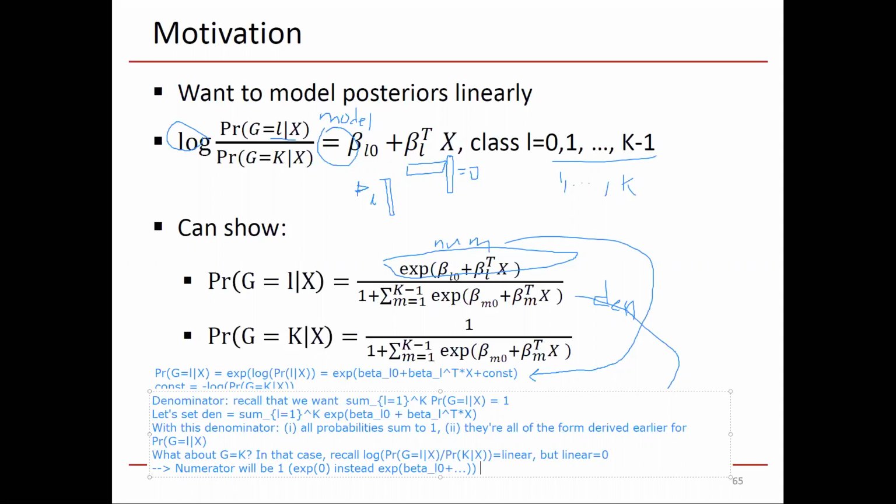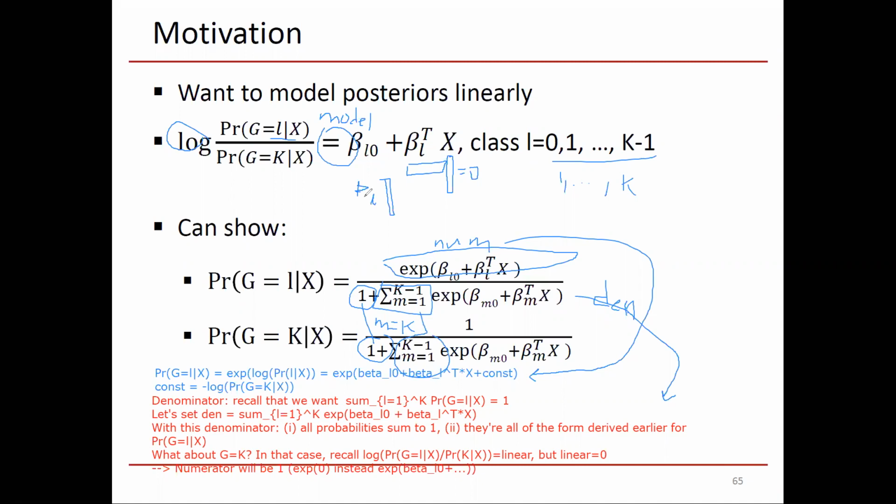That's it. This also explains, if you look at these two expressions, the 1 plus corresponds to M equals capital K, and the other M's are treated in the summation.